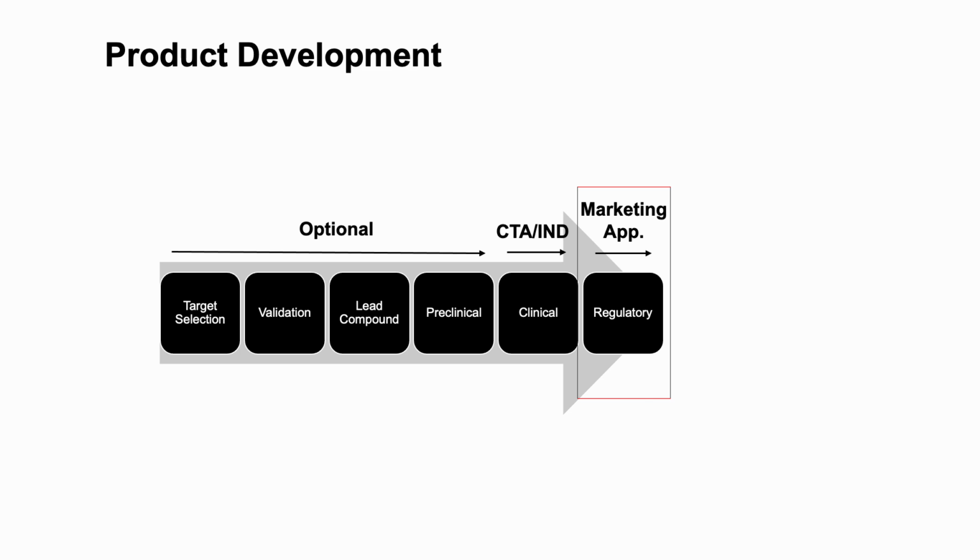Once we have that lead compound, we are going to test it in vitro on different types of cells related always to the tissue or the organ or the cells that are affected by a disease condition.